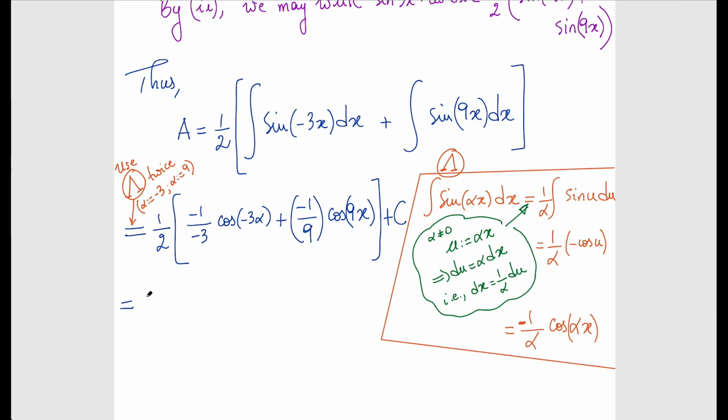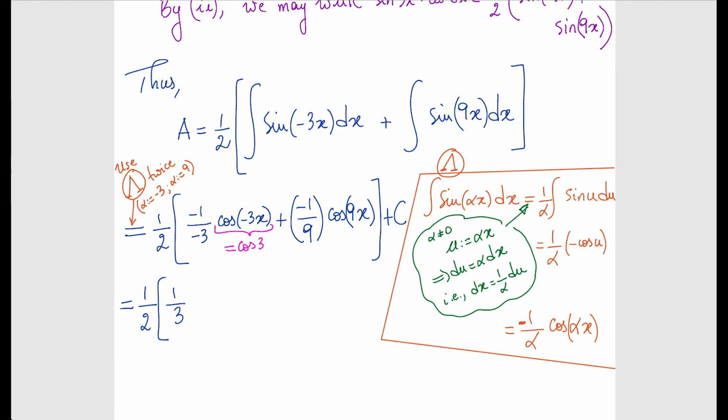So then this is equal to 1/2 times, this is 1/3 cosine of negative 3x. What do we know about the function cosine? It's an even function, right? So cosine of minus 3x is simply cosine of 3x. This is x here.